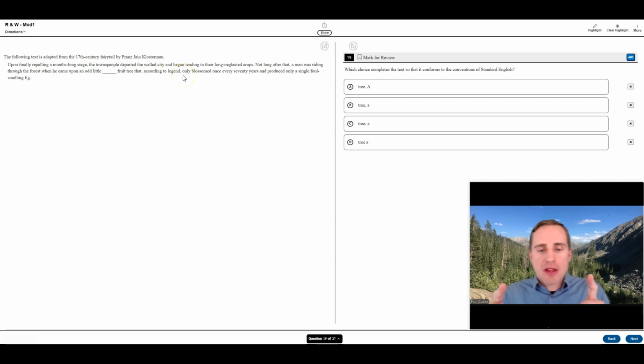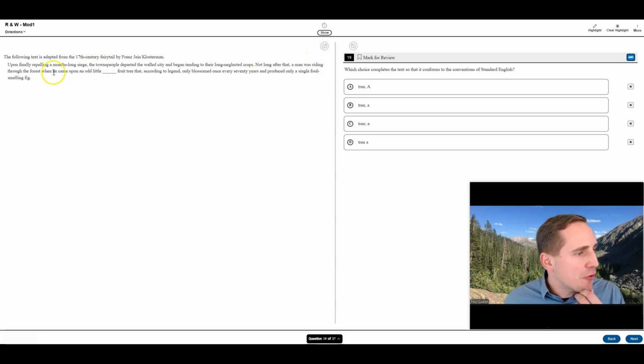Okay, he came upon a little tree, and it says, a fruit tree that, according to legend. Now think about this: that, comma, according to legend. The according to legend describes the fruit tree. In other words, it's totally set off from the rest of the sentence. It's according to legend. So, comma here, the grammar is correct. But then let's consider what's going on here. We're kind of in the middle of a sentence.